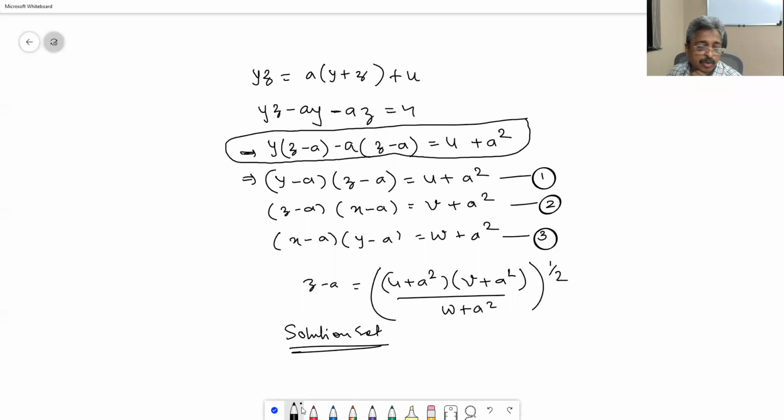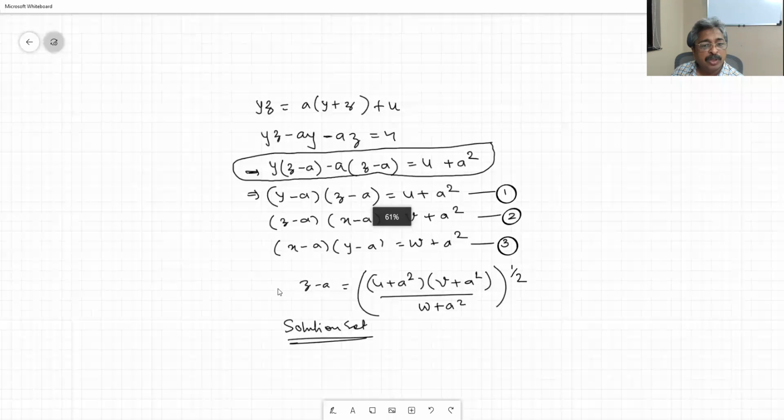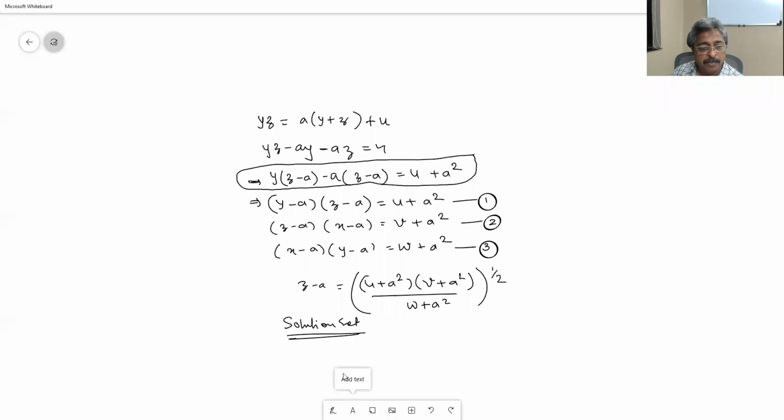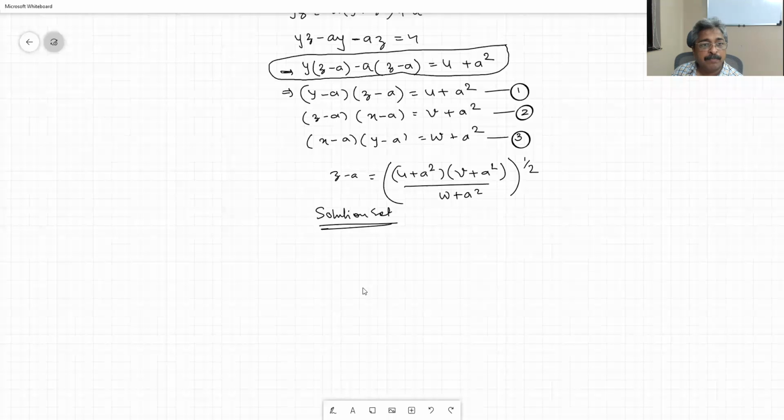Okay, understood? You will have a question: how do we come to know, sir, that a square needs to be added? It is by experience. If you solve more and more problems, you will come to know that this is the algebraic adjustment that you are required to do for getting the solution of this problem. It is as simple as that.